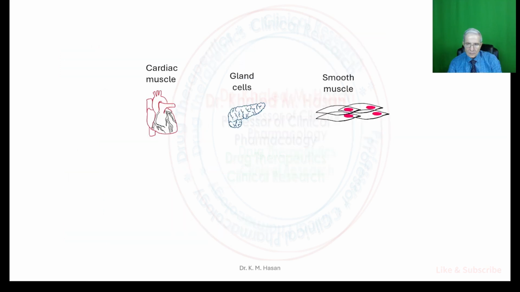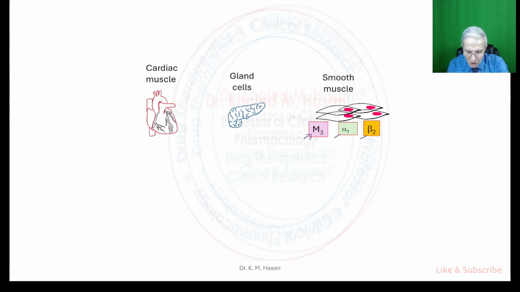Okay, in this slide we are talking about receptor distribution: what type of receptor we have in each organ, cell, or tissue. We start with the smooth muscles. In the smooth muscles we have the M3 receptor, then the alpha 1 receptor, and the B2 receptor.